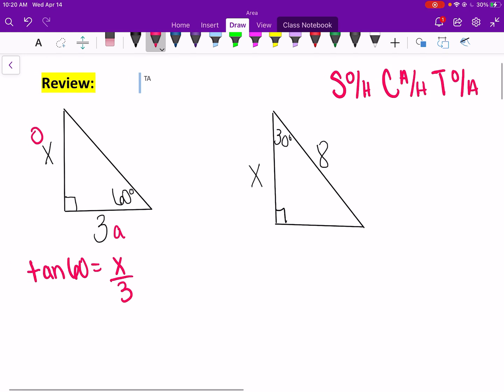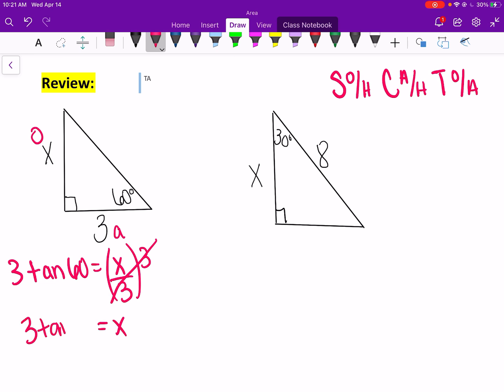And to get rid of that 3 on the bottom, we're just going to multiply by 3 on both sides. So now x equals 3 times the tangent of 60 degrees, which gives us approximately 5.2.